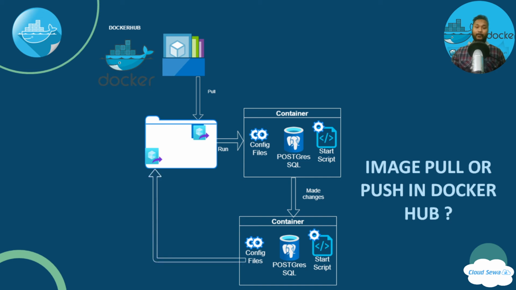With that custom image, we can also push it to the Docker Hub. So this is a basic scenario where we can pull a Docker image from the Docker Hub, and then use the services, make changes, and create a custom image, and then we can also push it to Docker Hub.